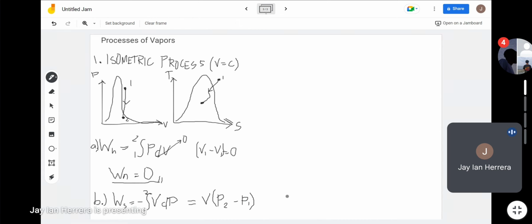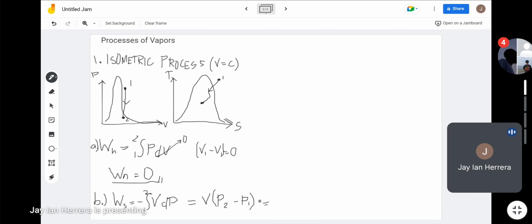But since, from our graph, ang movement ng pressure natin as it cools down is bumababa. So, madalas mas mataas ang pressure 1 natin. So, pag minus natin si P2 sa P1 is magiging negative ang value ng P2 minus P1.